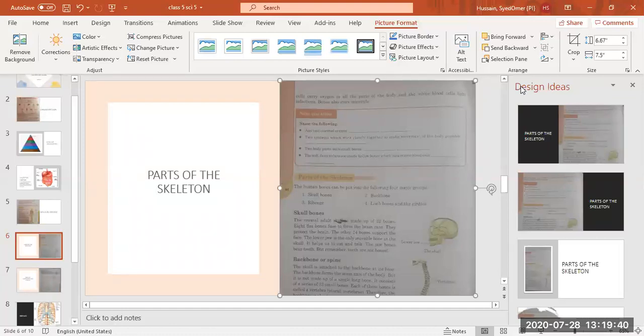Yes, good. So these two systems make movement of the body possible. Because of these two systems, we can move. One is the skeletal system and the next is the muscular system.